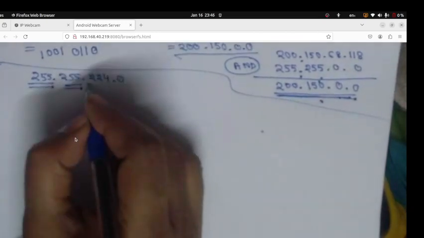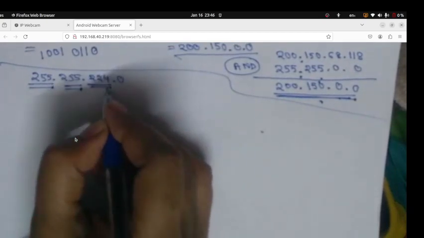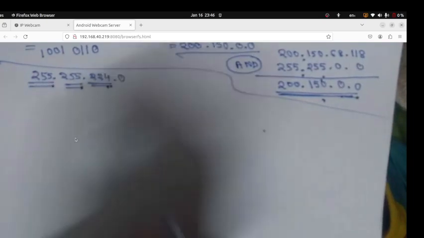But the value will change for 224. So we have to convert 224 to its binary equivalent to find the network address for the second entry in the routing table.